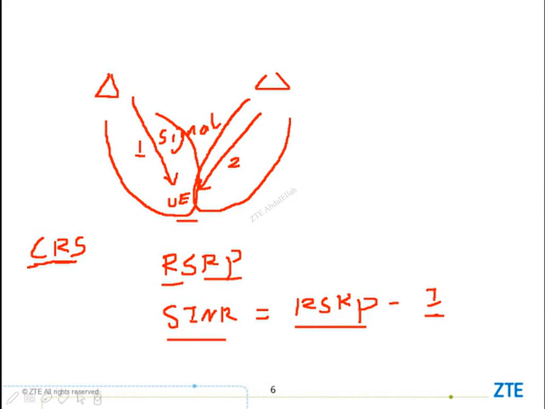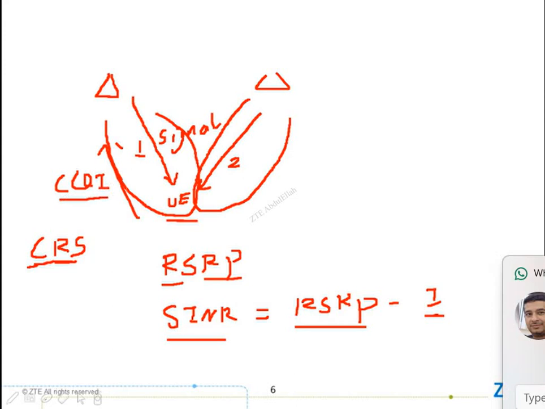And this signal will affect something. For example, the UE will take a measurement of this signal, and then according to the signal, the UE will report a CQI, channel quality indicator, to the cell. CQI is transferred in the CSI.